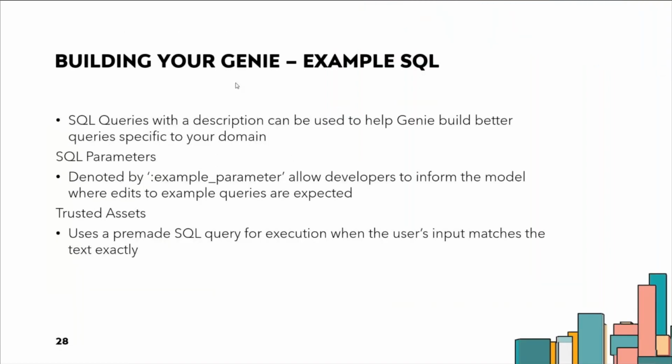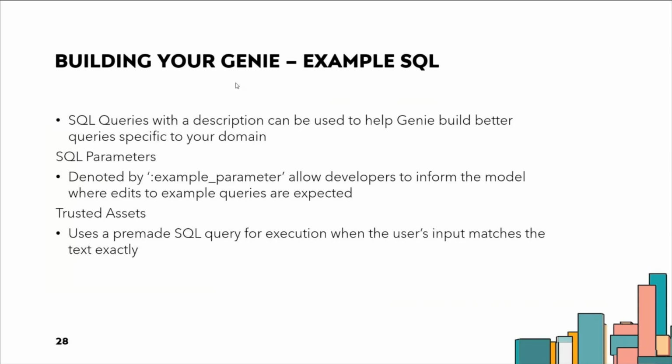Then the other portion you can manipulate is the example SQL queries. This is just a plain, simple SQL query that can be anything, with a description of what this query is for, what it's getting out. The description can be anything. It's just helping inform the model why this is being used, when it should be used. One of the nice features with these is you can add what are called SQL parameters.